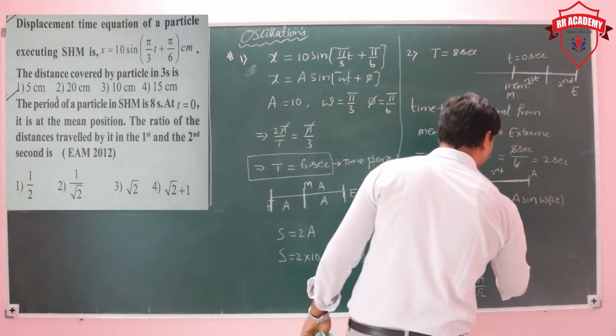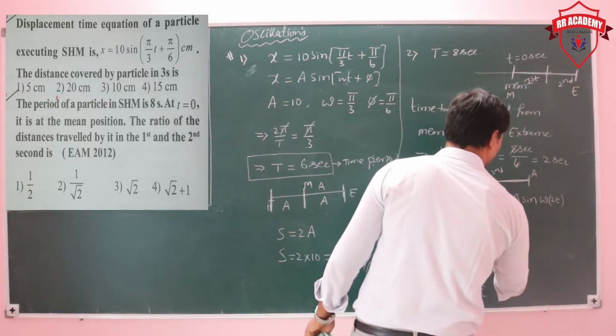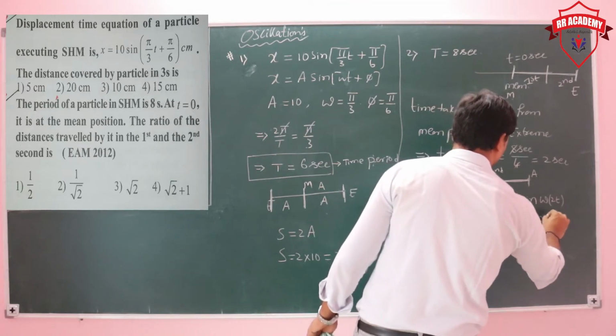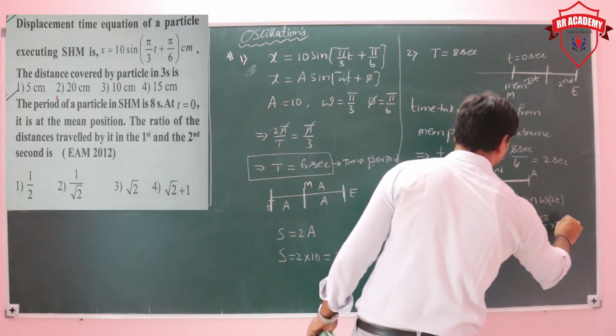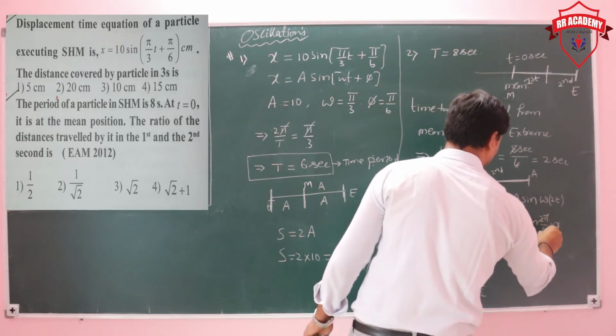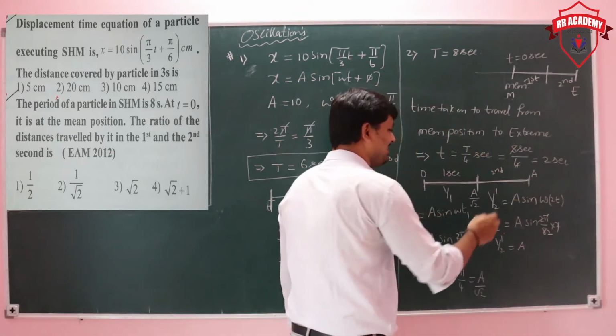Simplifying, omega t is 2 pi by 8 into 2, which is pi by 2. So the total displacement is A.